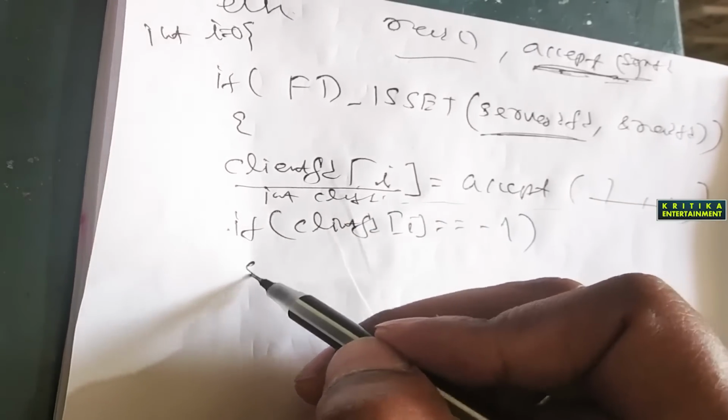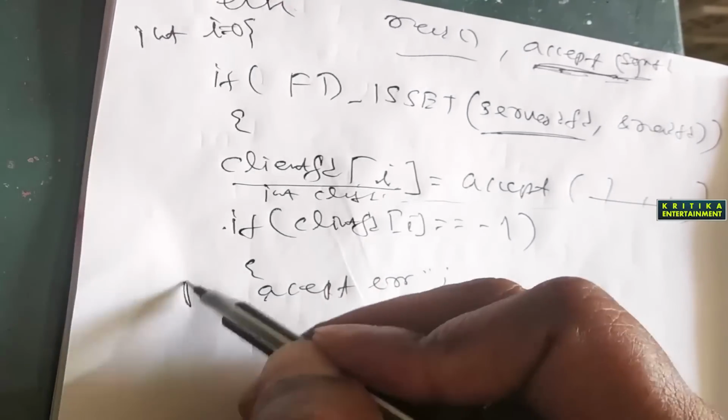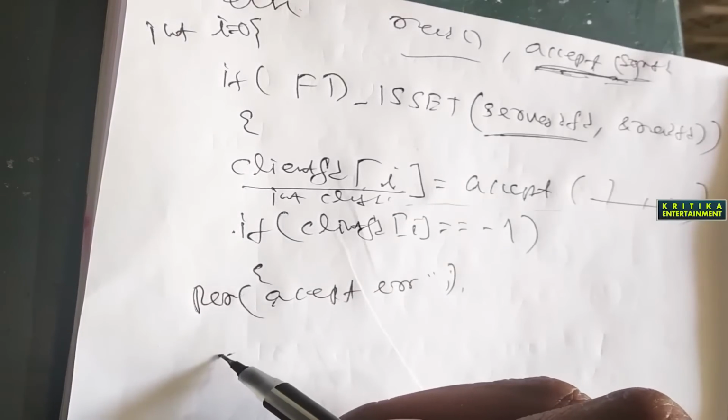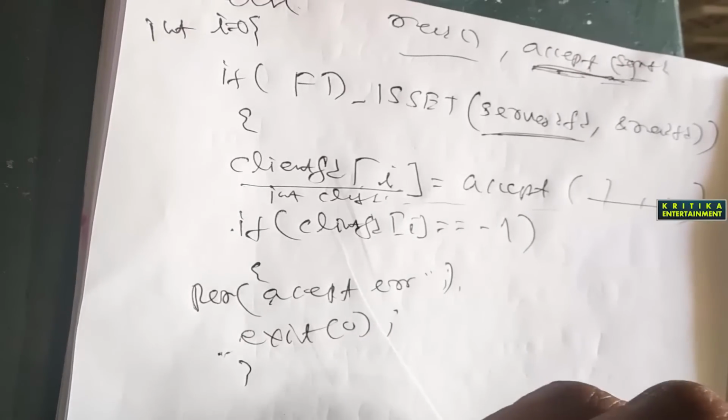So write here perror "accept error". You can also close this, then exit 0. That means your server will be closed.